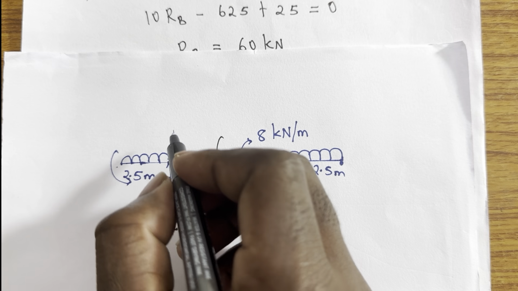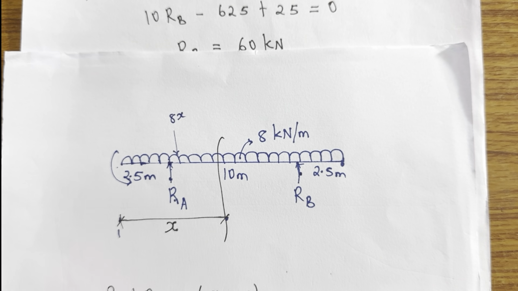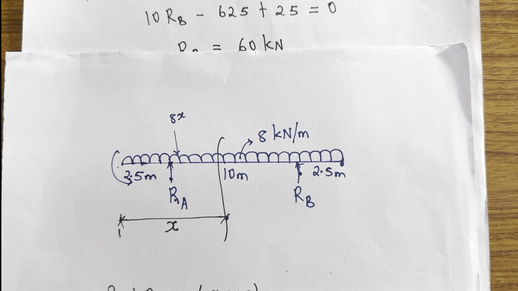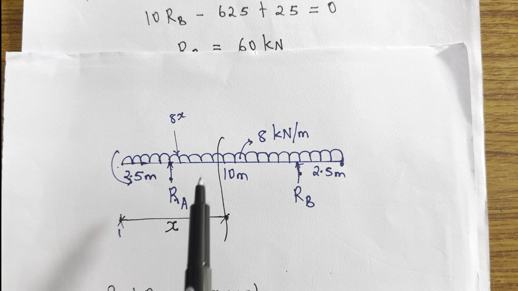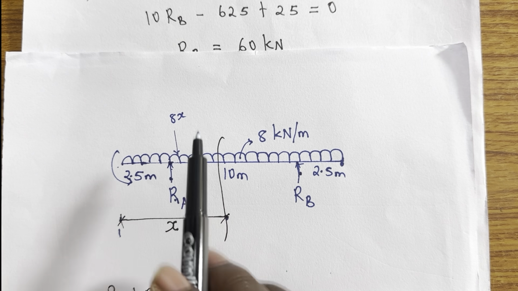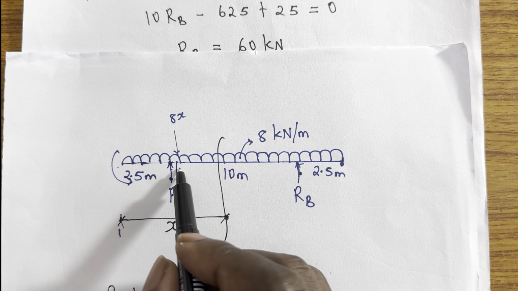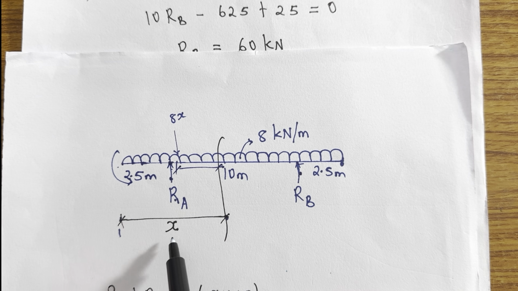That 8x is acting, let's say this is a force 8x. It's acting at half of distance X. You get it? So since it's acting at half of that distance X, if I want it in terms of moment, because I'm taking moment at X, it's going to be 8x, which is a force, times the distance from here up to here, which is half of X. So 8x times X by 2 will give you the moment.